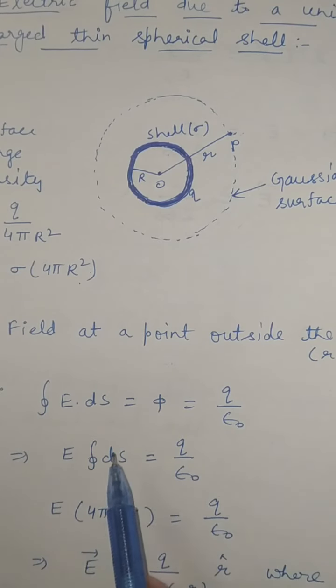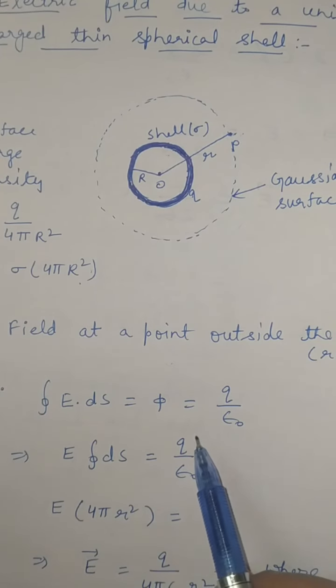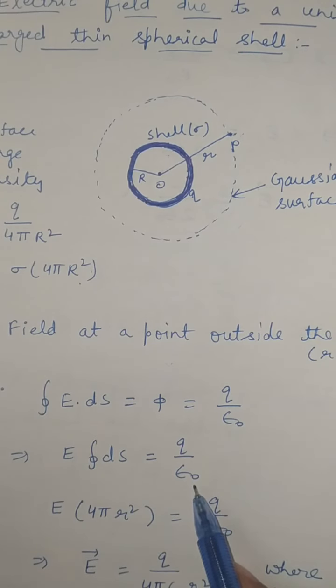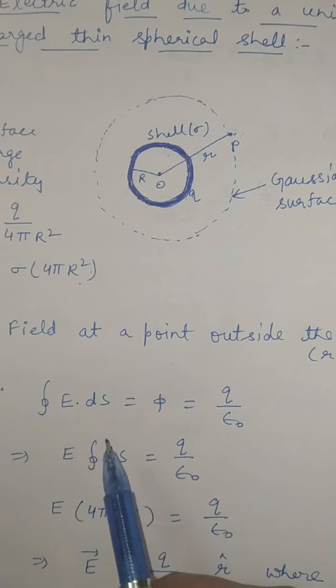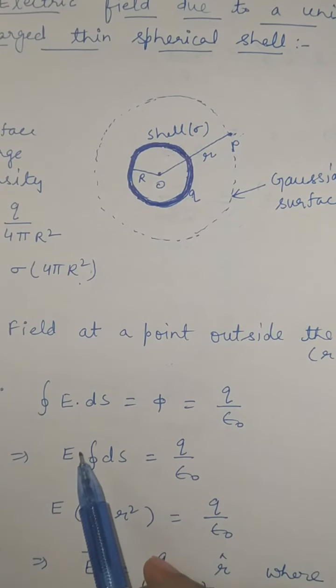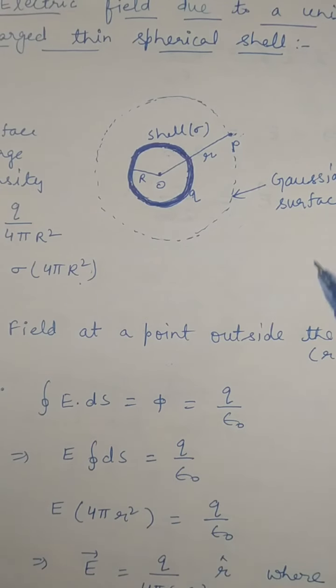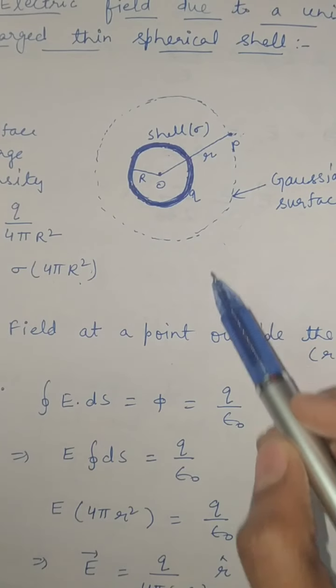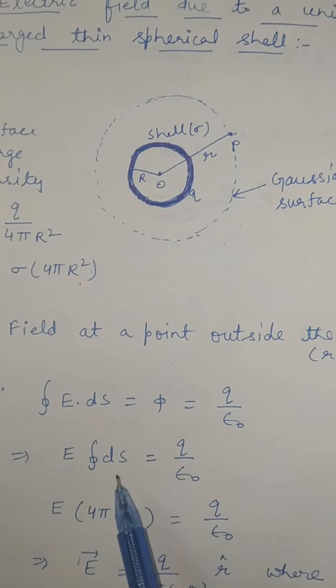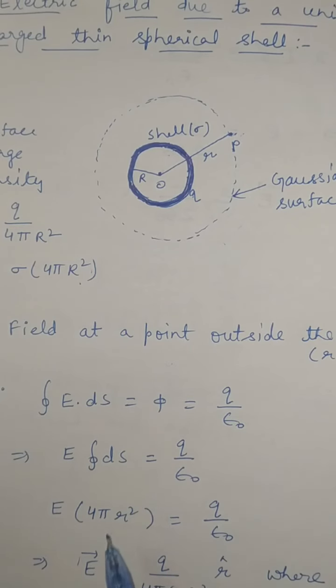So E times the integration of ds will be equal to q upon epsilon naught, where this integration will be over this Gaussian surface. When we calculate the total area S, this will be equal to the area of the Gaussian surface.